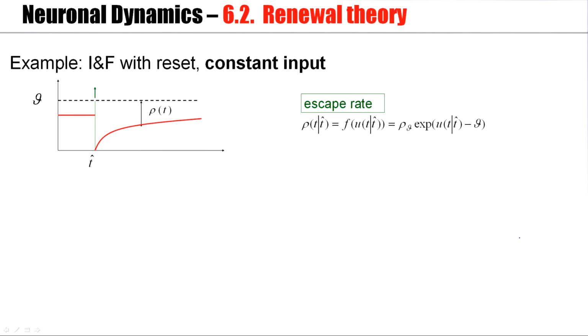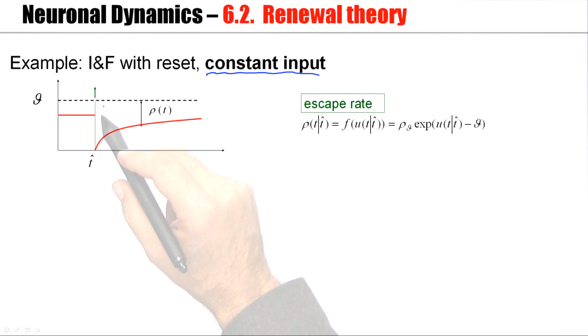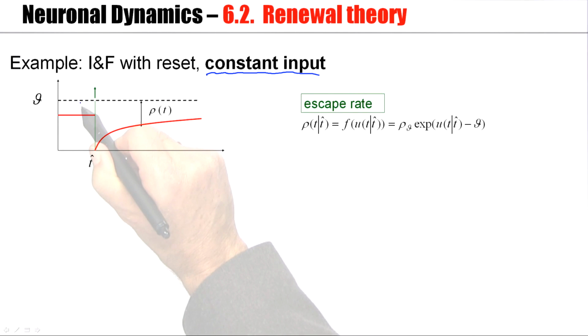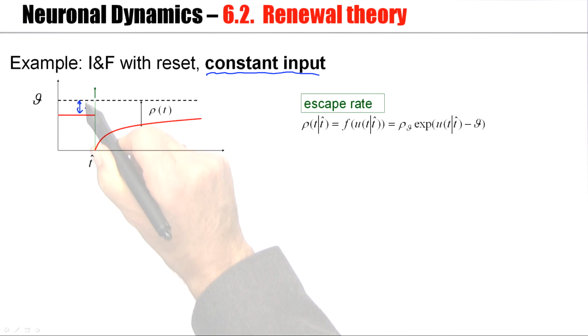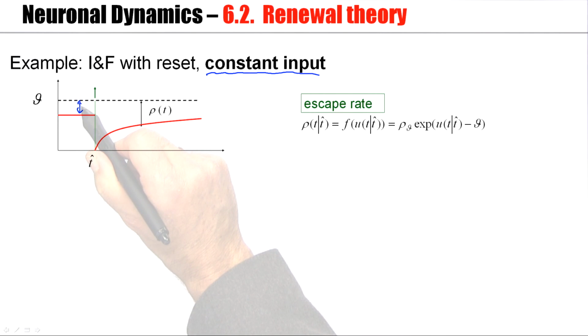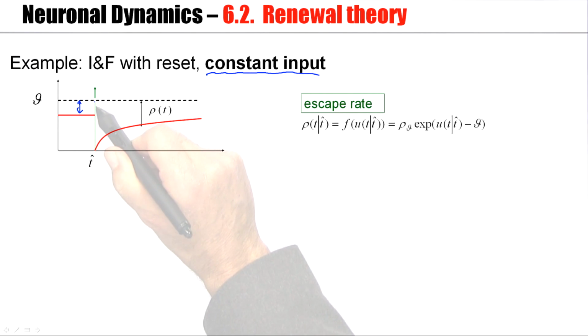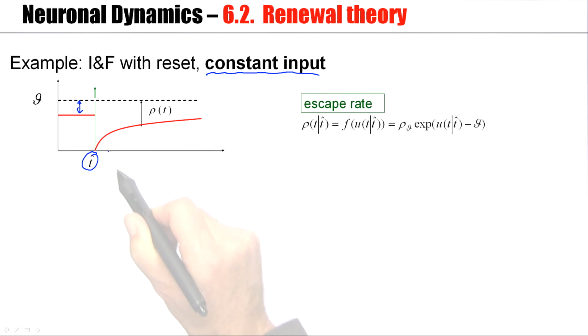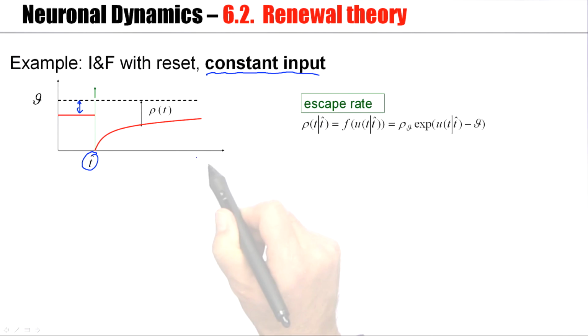Now let's discuss the two examples. The first example is that of constant input. I have a constant input, which I apply all the time. Now with this constant input, stochastically, because of this stochastic intensity, a spike happened here. Now I know the last firing time for all the future times t has been here.